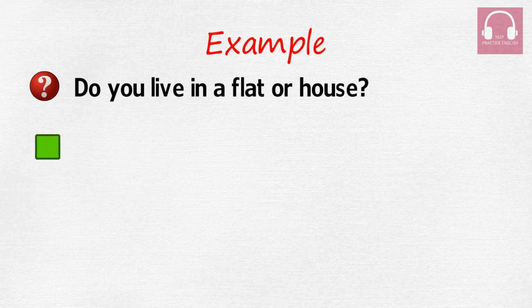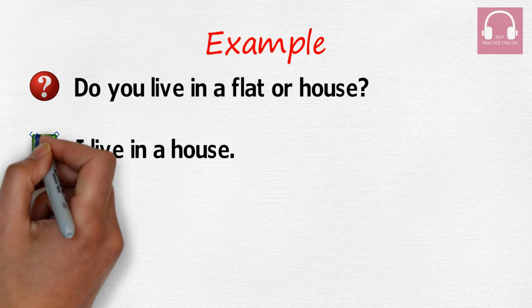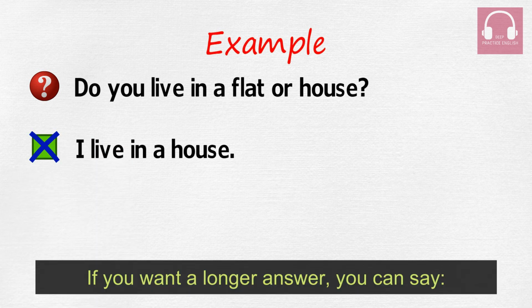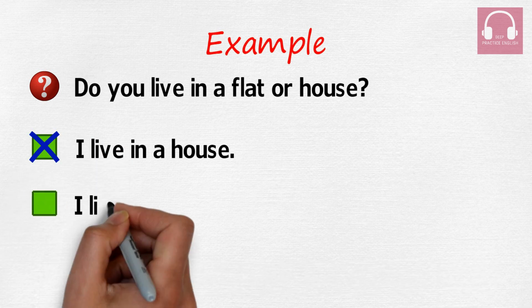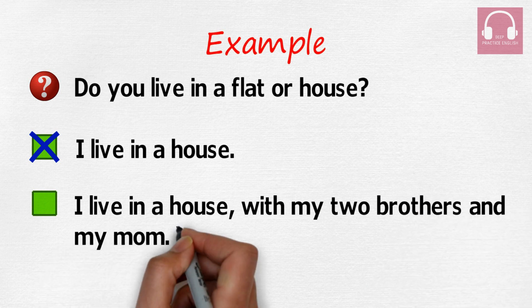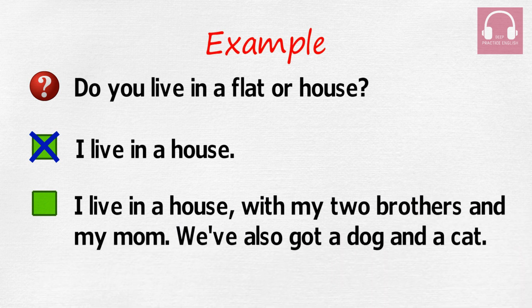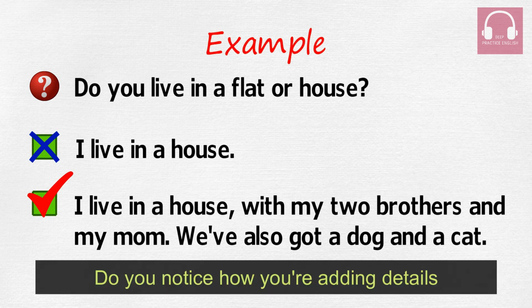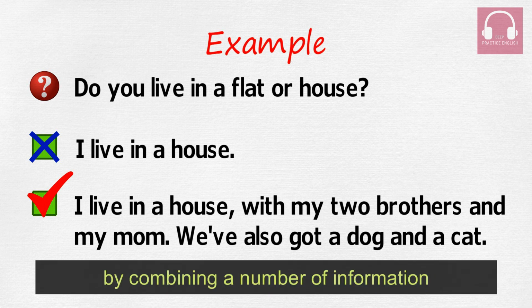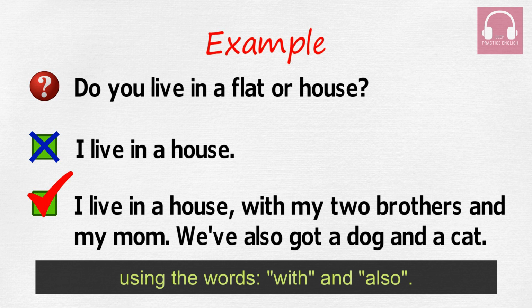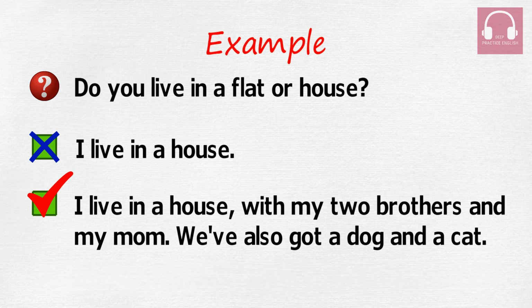You can answer this very short, saying, I live in a house. If you want a longer answer, you can say, I live in a house with my 2 brothers and my mom. We've also got a dog and a cat. Do you notice how you're adding details by combining a number of pieces of information using the words with and also?